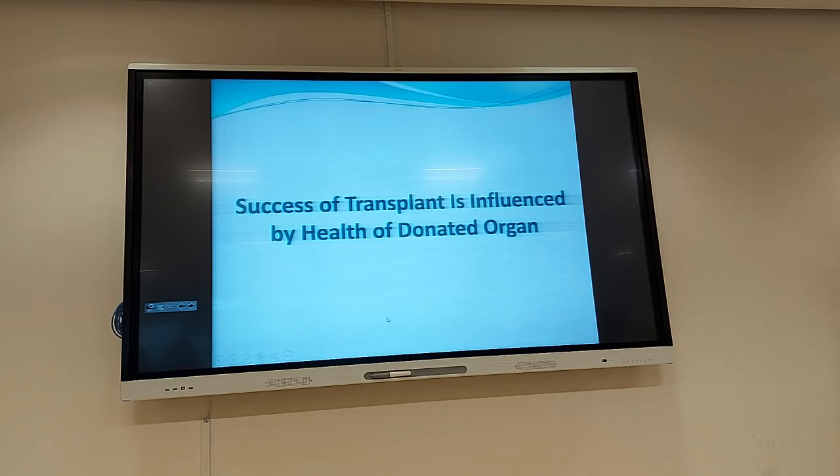Another factor which determines the chances of the transplant being accepted or rejected is the condition the transplant organ is in before it's given to the person. Obviously, cadaver transplants generally don't work. If you take a kidney or liver from someone who's been dead for more than 24 hours, that's not going to have a high chance of success.